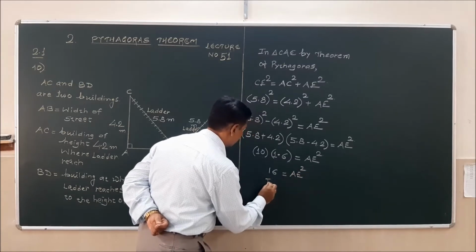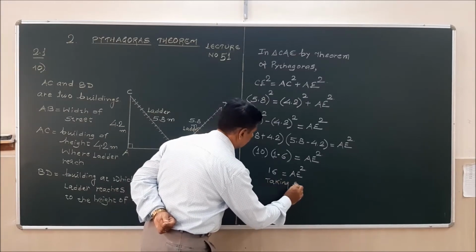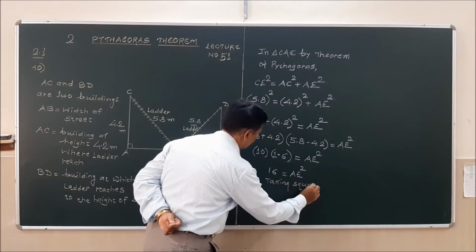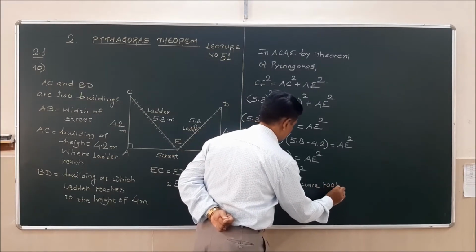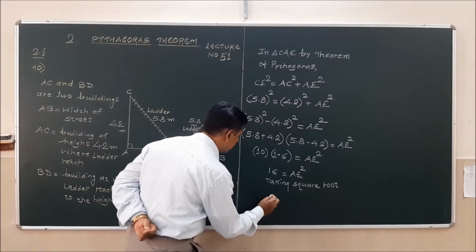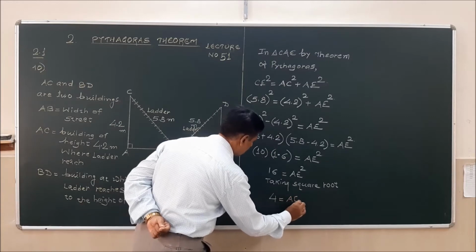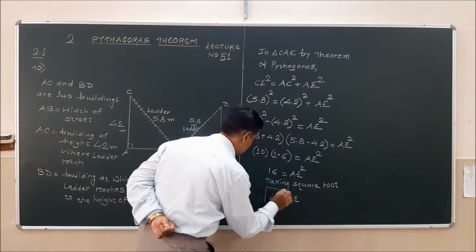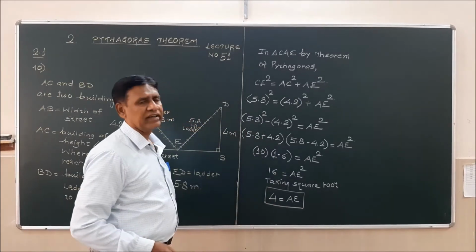So taking the square root, the square root of A square is A. So this is how you will find.